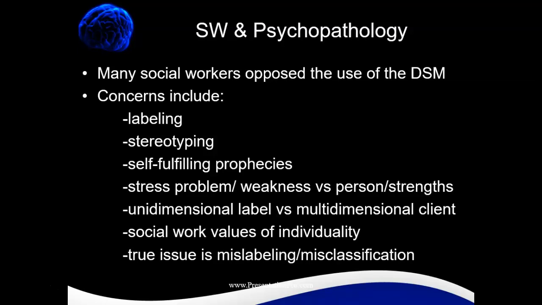There's also a belief that the DSM is unidimensional in terms of its label versus multidimensional, in which clients oftentimes present in a multidimensional fashion. Again, there's some concern about the over categorization and over generalization of the DSM in a profession that prides itself on the value of individuality.